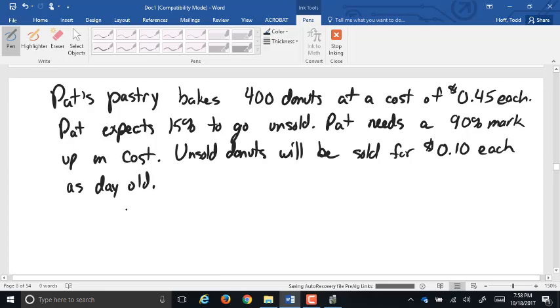So it's very common. They don't sell that day, so they put them on the back cooler or cabinet or whatever, and they mark them down. The next day they're sold as day old. Or they might get sold for bear bait at a discounted price or whatever.